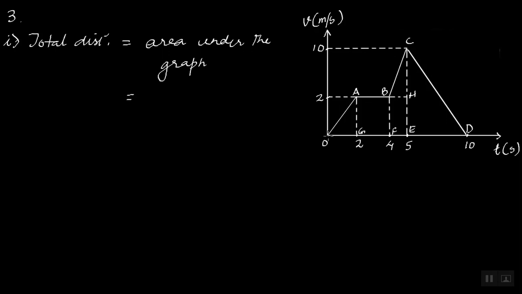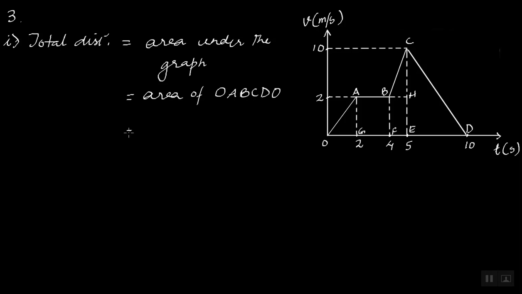So we see the graph is going like this, O, A, B, C, D. So when we say area under the graph, we mean the area of this shape. This is a polygon, O, A, B, C, D, O.